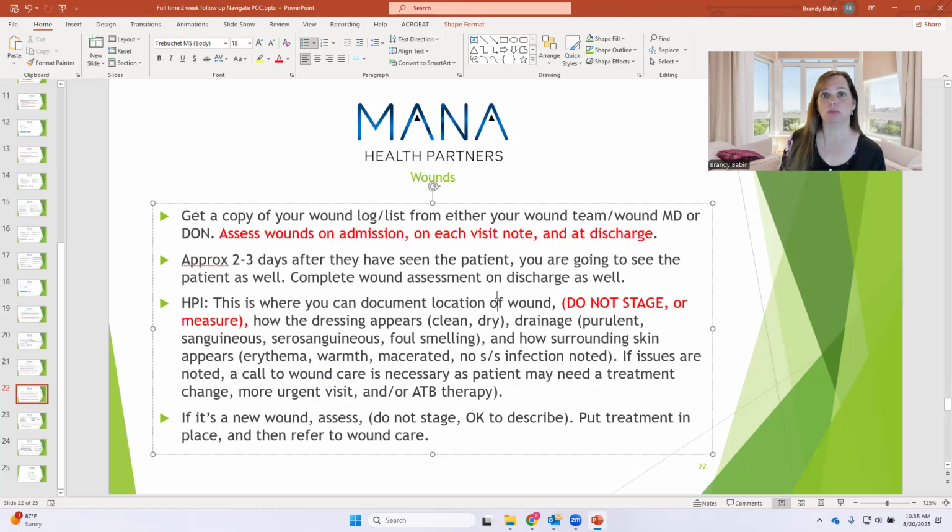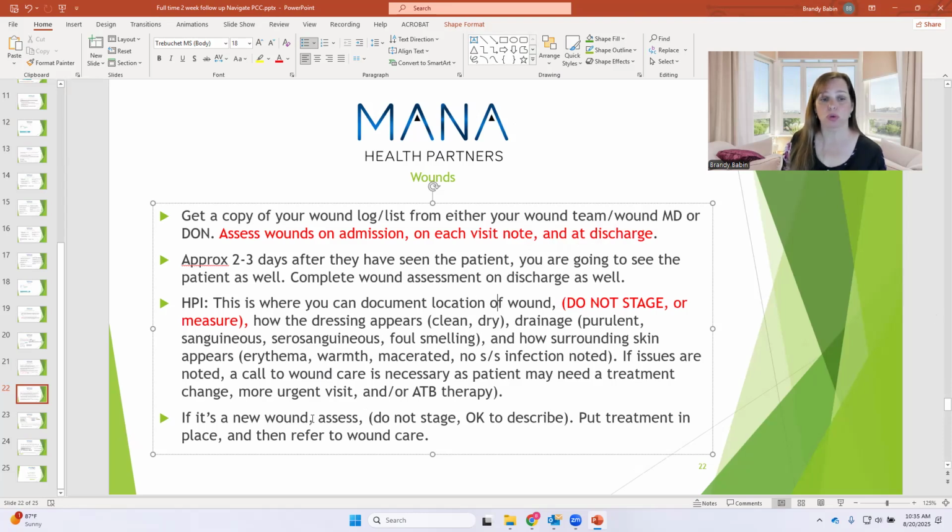So sometimes wound doctors will say, please don't get a wound culture. That's because the assumption is we're going to go in and get the green stuff. No, we're going to clean the wound very good, very aggressively, and then we're going to get the wound culture. So if you don't know how to do a wound culture, please watch the doctor do it next time so that you understand how to get a wound culture.